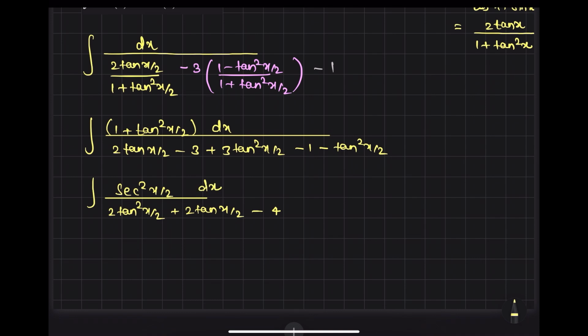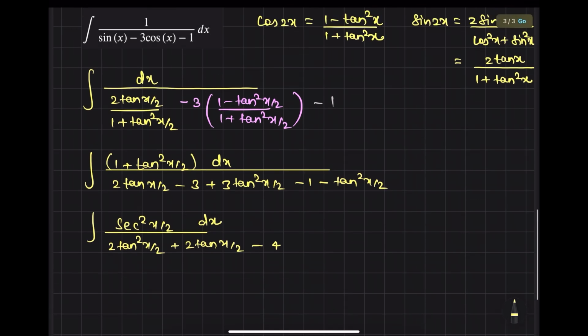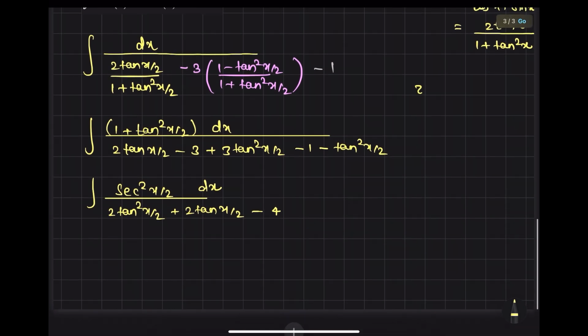Now let's do the replacement. We will be taking z as tan x by 2. So dz by dx will become what? Sec square x by 2 into 1 by 2. So we have sec square x by 2 dx.